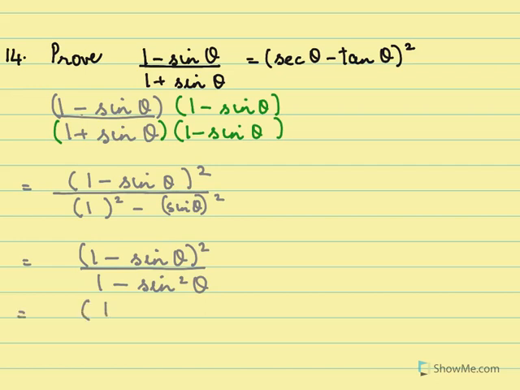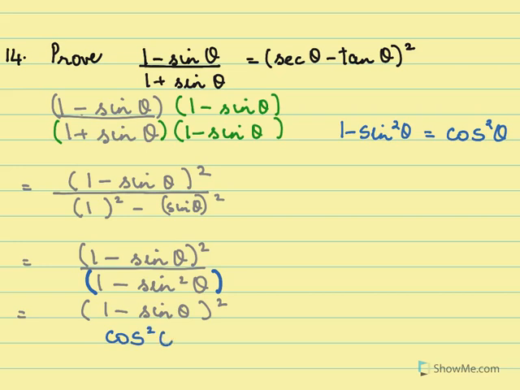Now the numerator, I keep it as it is, 1 minus sin theta the whole square. Now for the denominator, again it is 1 minus sin square. Now again we get this so often, 1 minus sin square theta, by now you should know, equal to cos square theta. So in the denominator I'm going to write cos square theta, because 1 minus sin square is cos square theta.